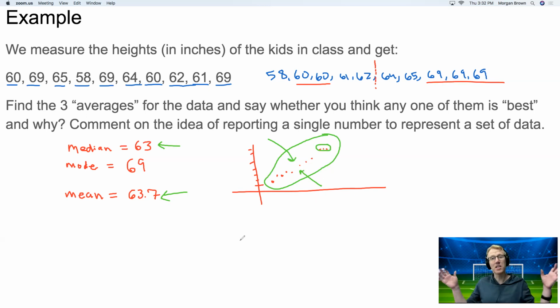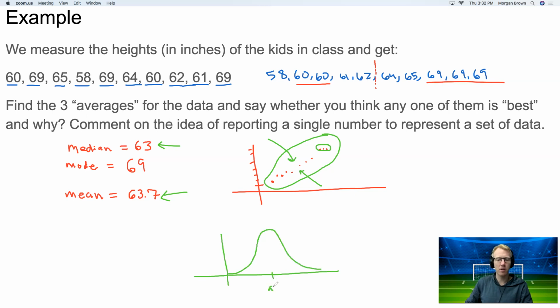If you have a lot of data that's clustered or spread out evenly around a central starting point, it's often called a bell-shaped curve like this. Then the average right here in the middle is often a good thing to report. And you only have a little bit of people that are way above average and a little bit of people that are way below average.